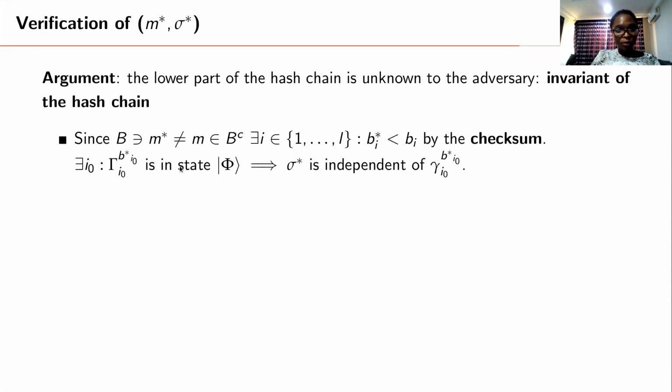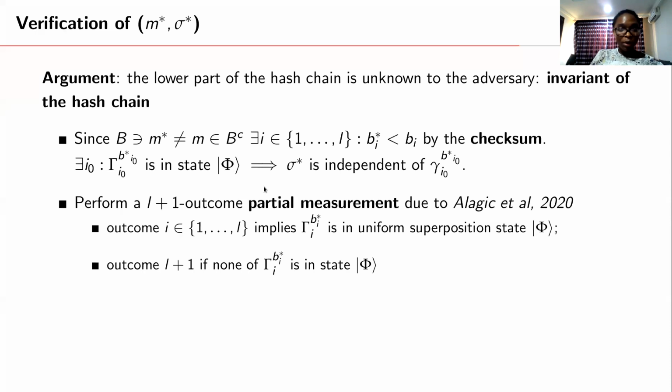We can easily check this in the classical setting, whereby we only query one message and can find that position easily. But in the quantum setting this is not the case, since the message is a superposition, a linear combination of different messages, so this position is different for each term in the superposition. So to find this position, we perform an L plus one outcome measurement, a partial measurement only on the hash chain register.